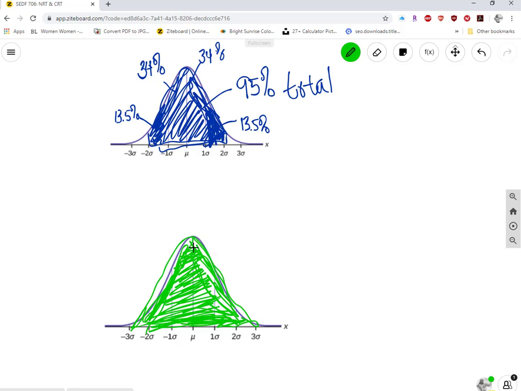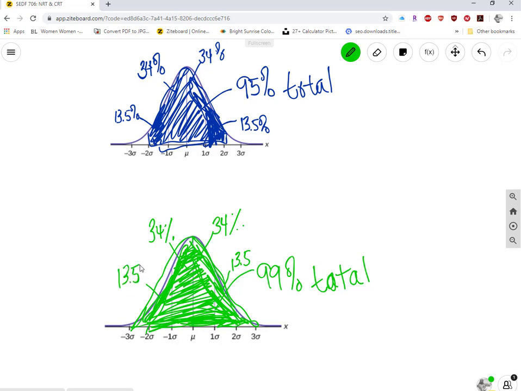Okay, all right. So, the probability of something occurring within 3 standard deviations before and after the mean is approximately 99% total. So that would mean that this part is still 34%, this part is still 34%, this part is still 13.5%, this part is still 13.5%, but now this part is 2%, and this part is 2%.